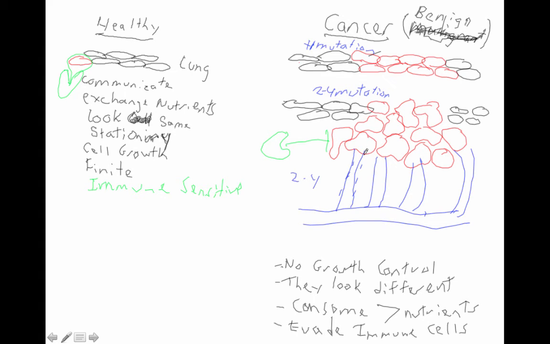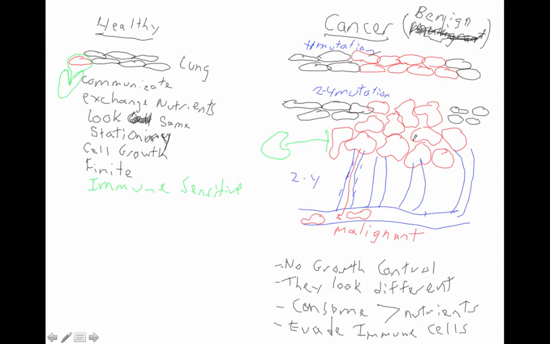It also provides a vehicle, a means for these tumor cells that were currently benign to escape their original location. So now these cells have left. And at this point here, once they've left this primary site, we now call them malignant.